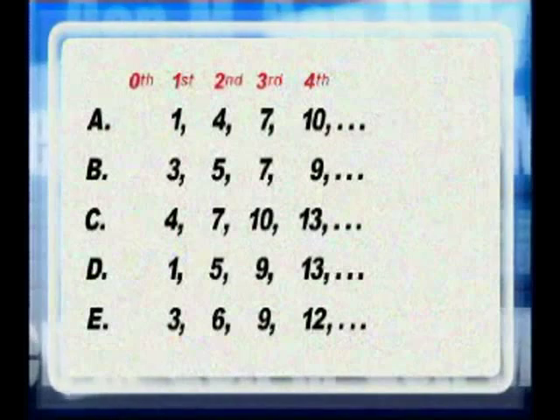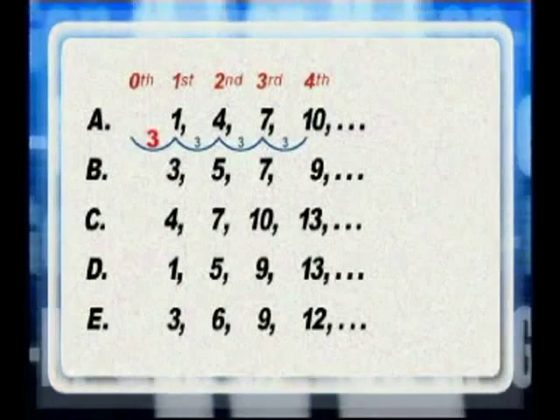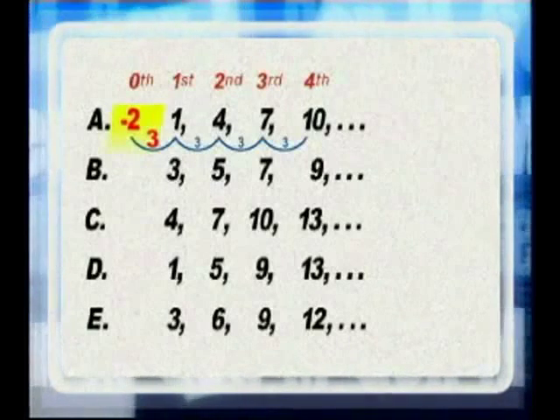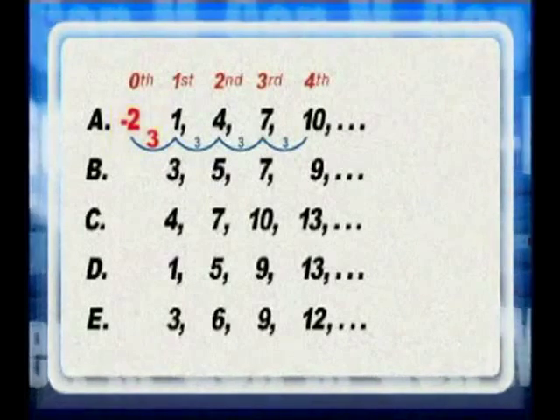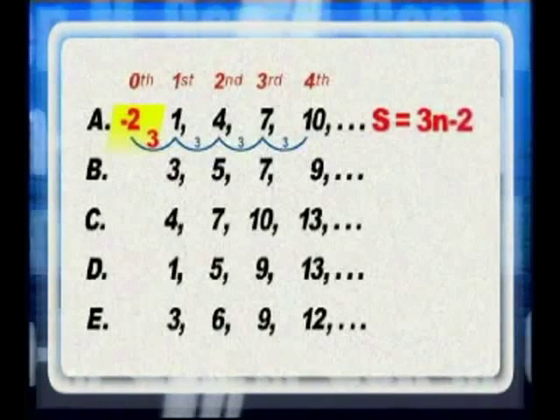The 0th figure of example A is minus 2. Using a constant difference of 3, thus we have S is equal to 3n minus 2.